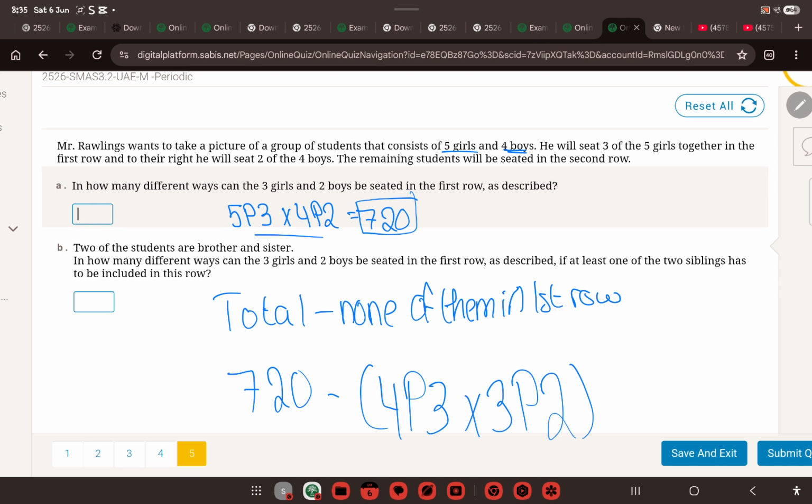So we do 4 permutation 3 times 3 permutation 2, and 720 minus the answer. You should get 576. Regardless of how you say it, you decrease these since you're removing the brother and the sister and taking the remaining ones, so we get at least 1 or 2 of the siblings.